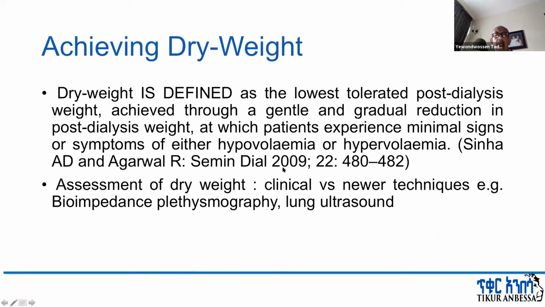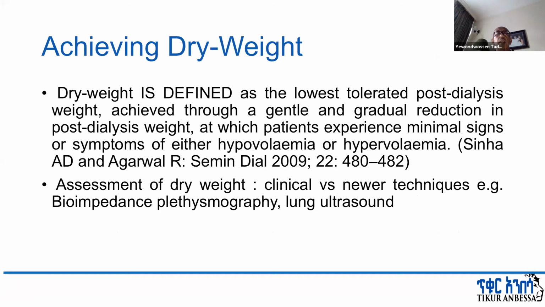So dry weight is defined as the lowest tolerated post-dialysis weight, which is achieved through a gentle and gradual reduction in post-dialysis weight, at which patients experience minimal signs or symptoms of either hypo or hypervolemia. Defining dry weight is difficult.